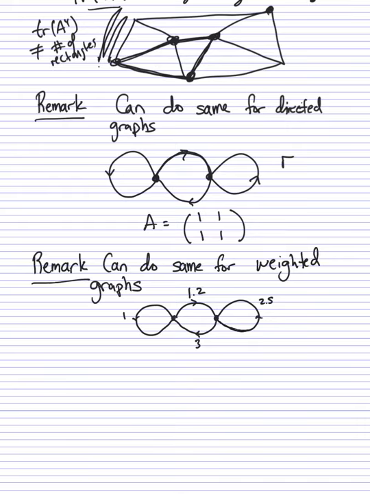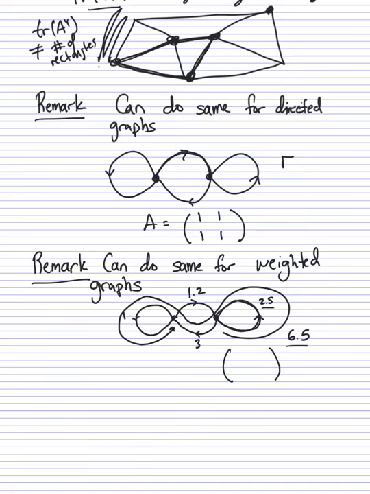So when you go along this path, you've added 2.5, so this would be a length of 6.5. And for the adjacency matrix you just put the weight in the slot.